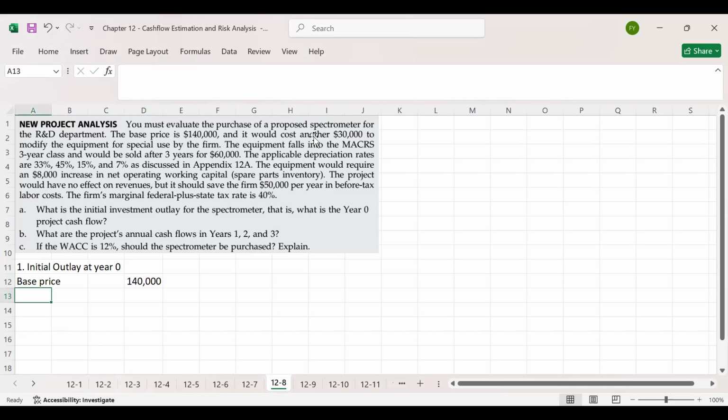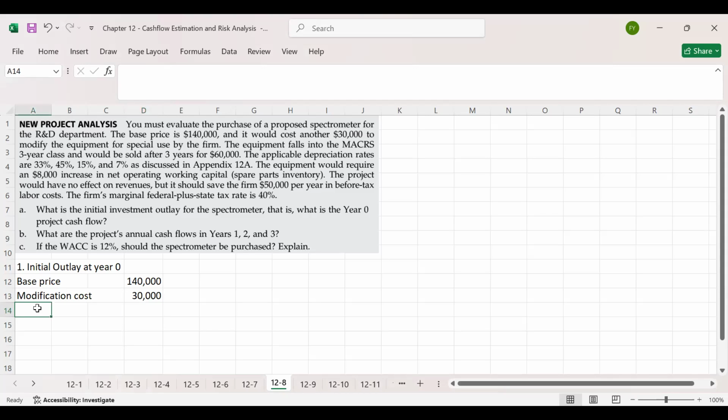Then we have the modification cost, which we have discussed is 30,000. So we add this 30,000 because it is part of the cost, as well as the 8,000 increase in the net operating working capital, which is the spare parts inventory.